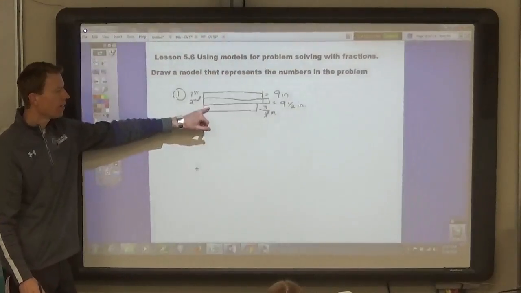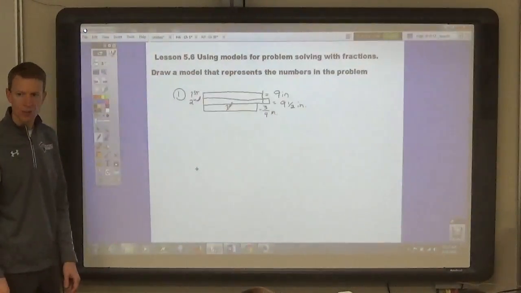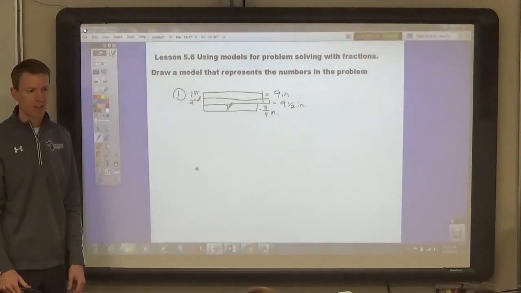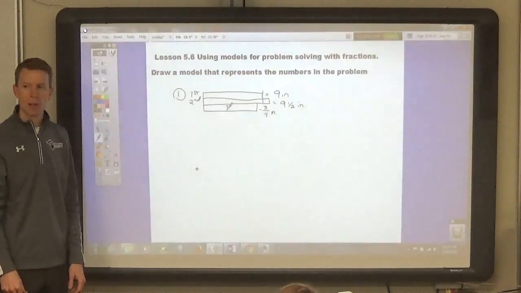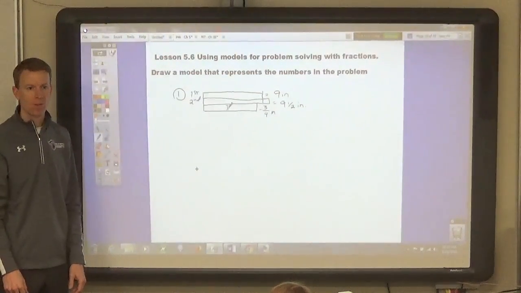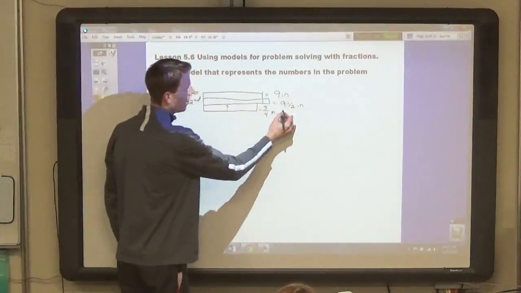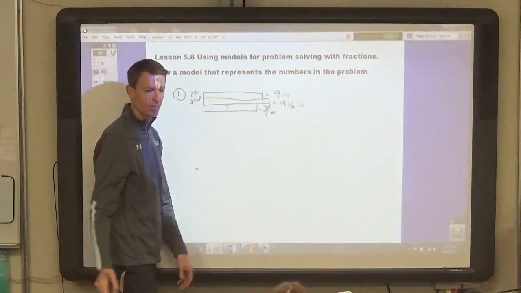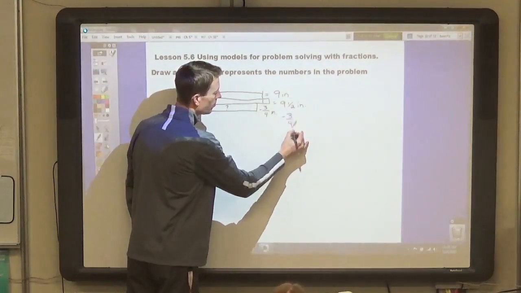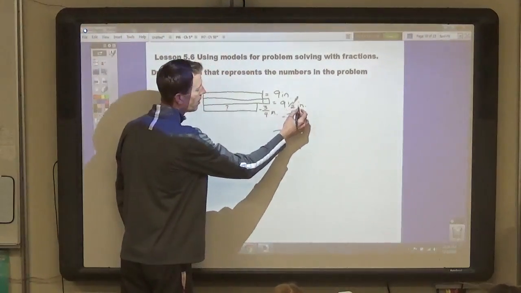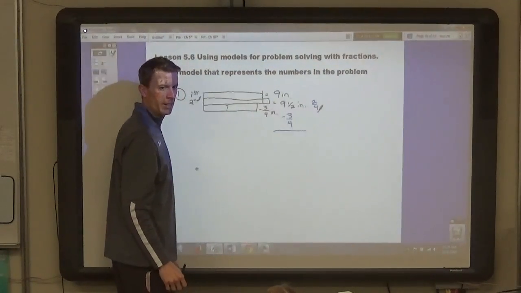So how would we find how long this one is? We don't know how long that one is, do we? We have to find that. What would you do? Andrew? Subtract. 9.5 minus 3/4. And we'd have to convert 1/2 to 2/4, right?